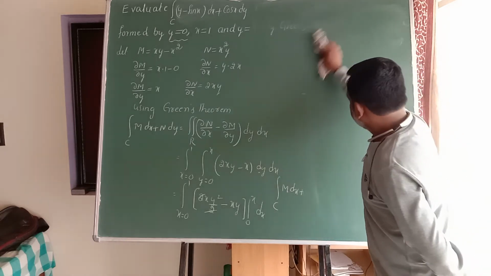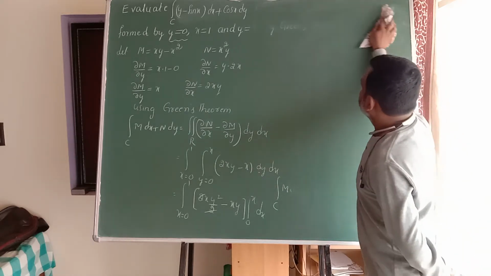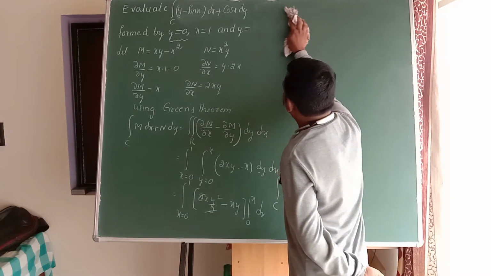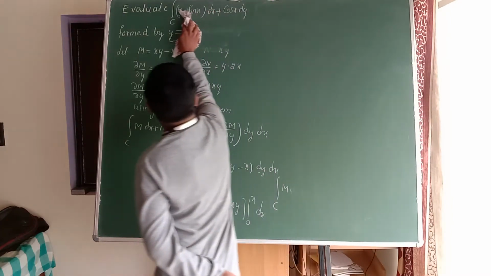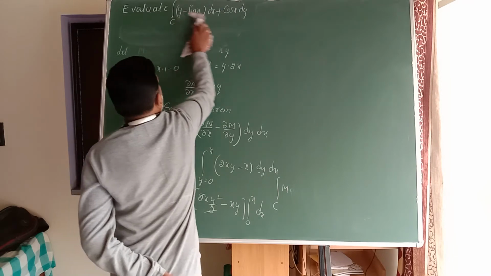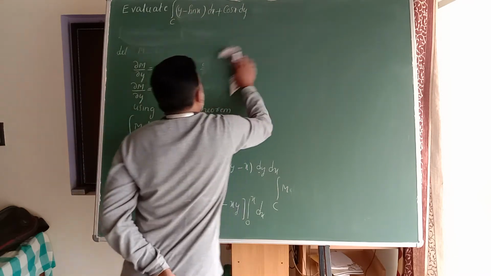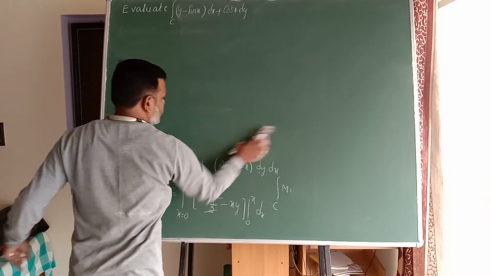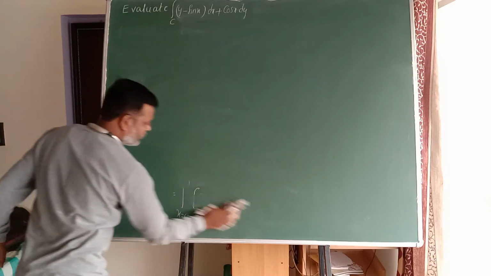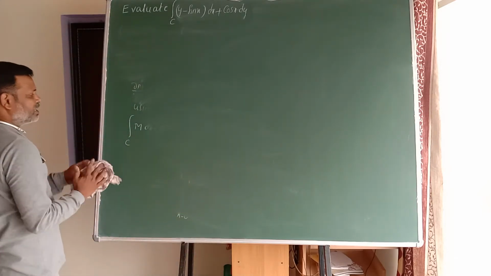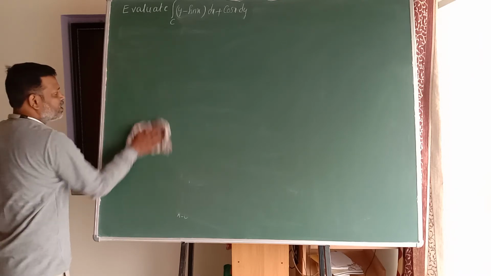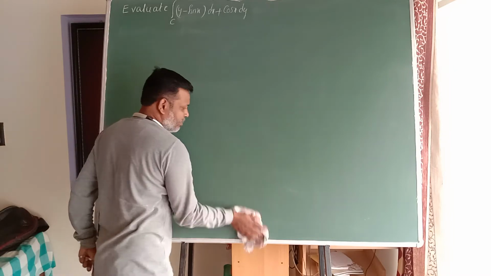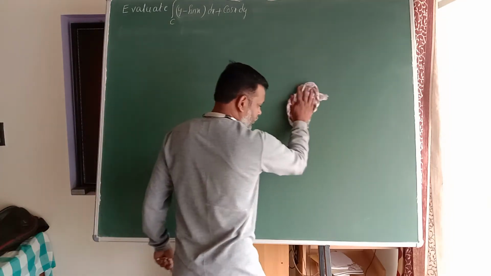So evaluate the integral of y minus sin x into dx plus cos x into dy using Green's theorem. Green's theorem majorly helps us to find the area in a plane, the area between two curves in a plane, that means the xy plane.